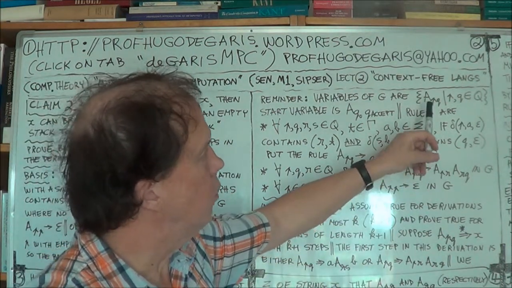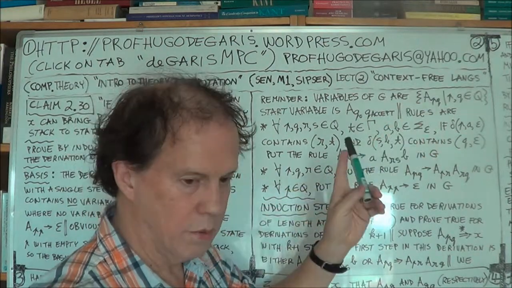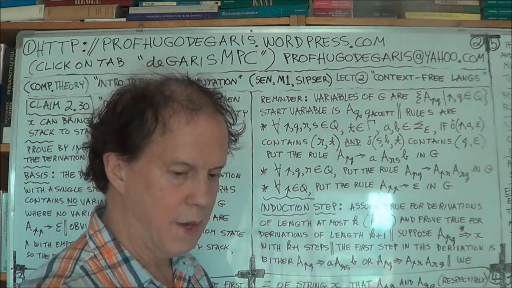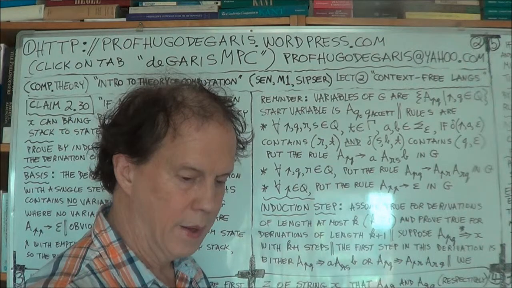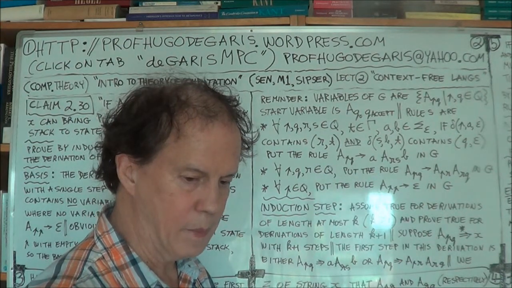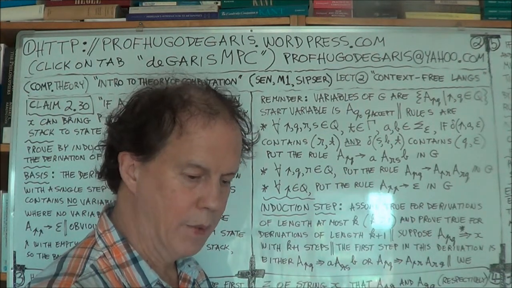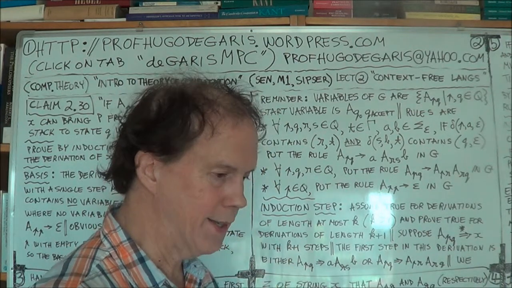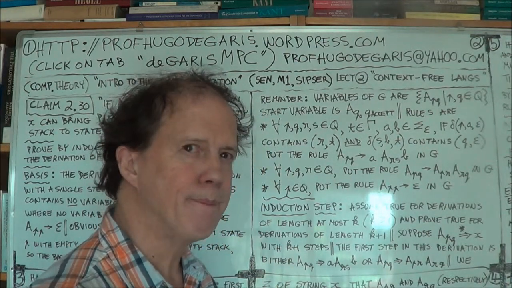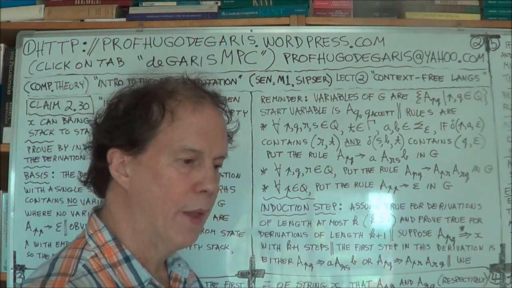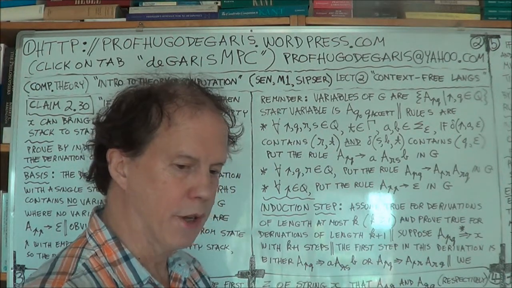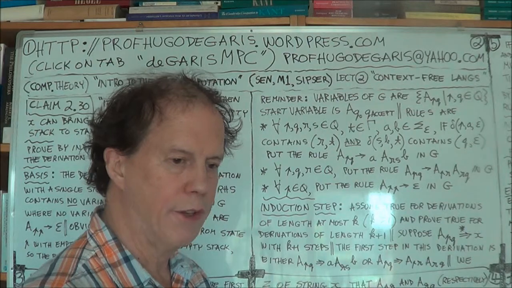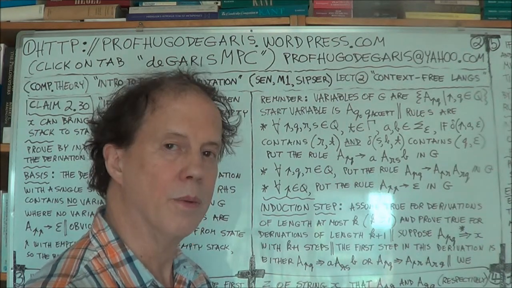So we want this A_PQ to derive all the strings x that the PDA would read if the PDA starts in state little p, reads through the substring x and finishes in state little q.